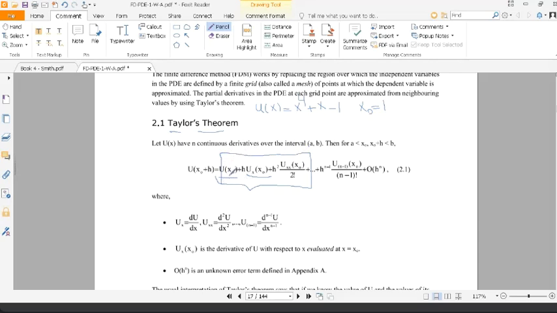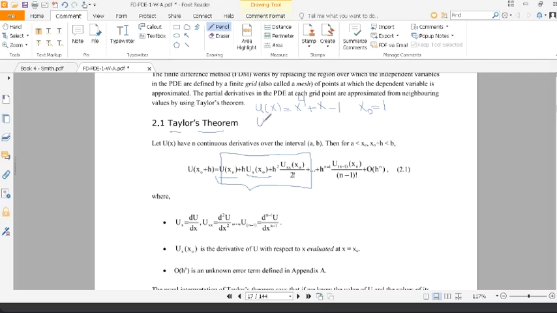Then we need to compute u of x0, ux of x0, and uxx of x0. I should compute the first derivative and the second derivative of u.